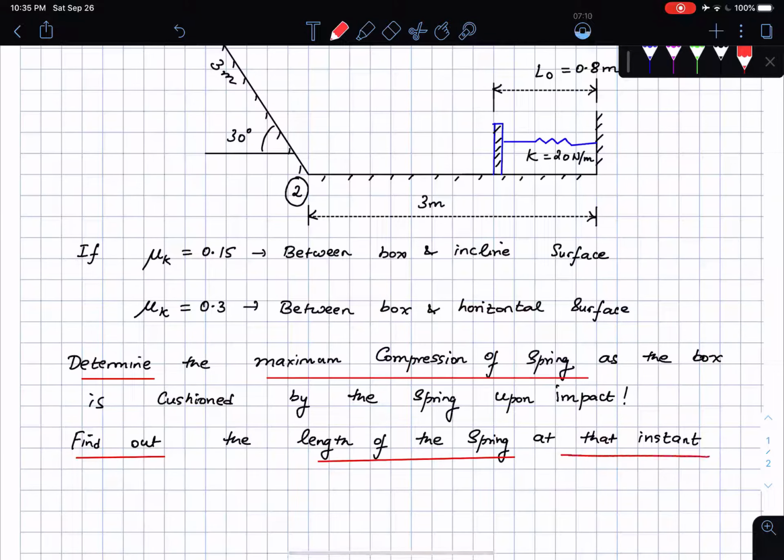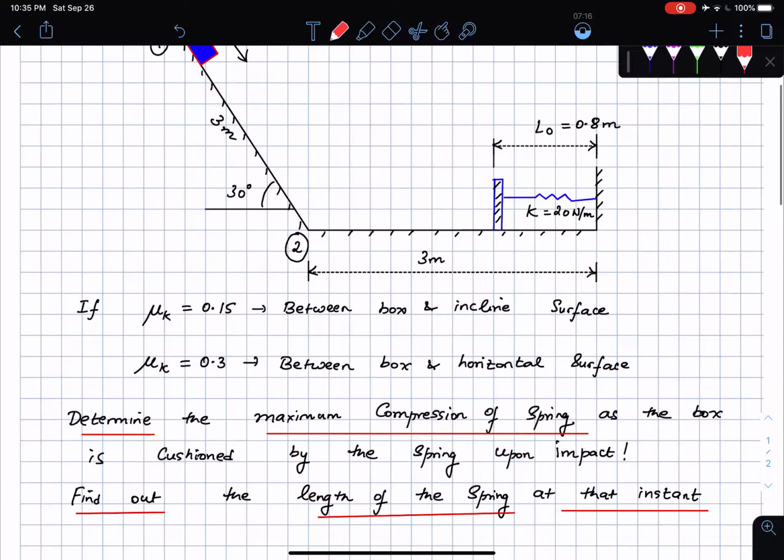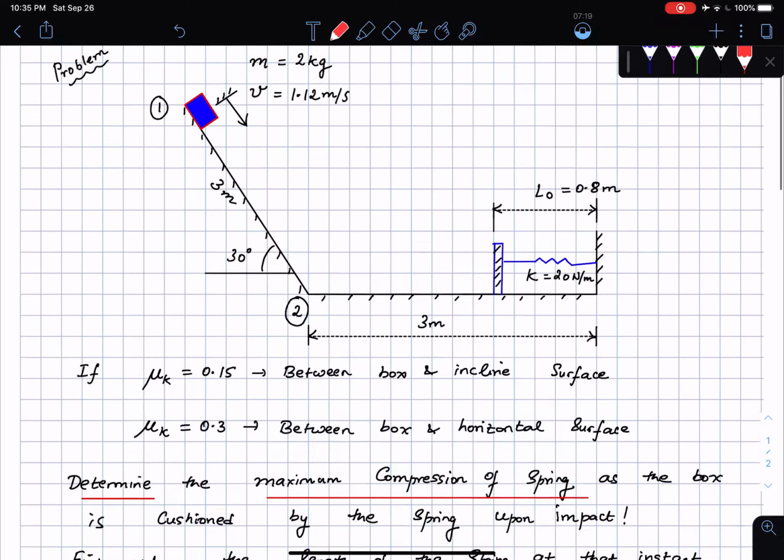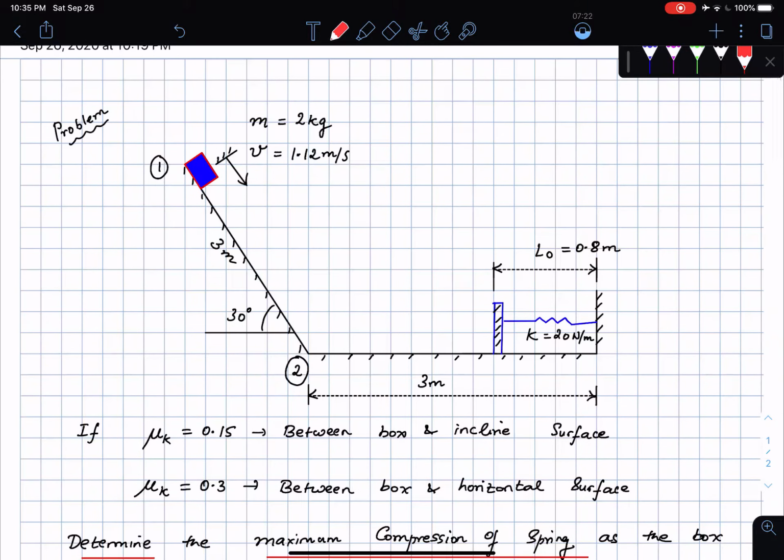Which means that when the spring is compressed to its maximum position, the total length of the spring is going to be less than the initial length. So L naught here, this is called the unstretched length.